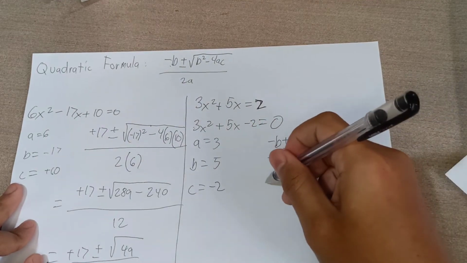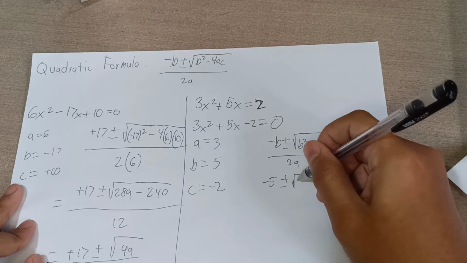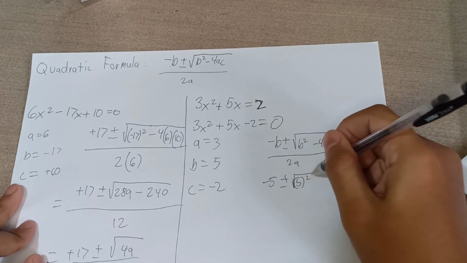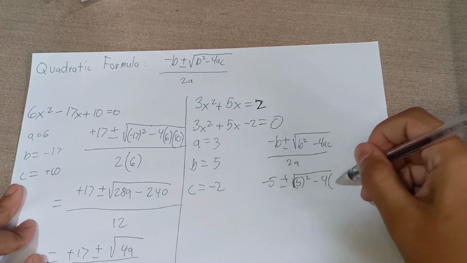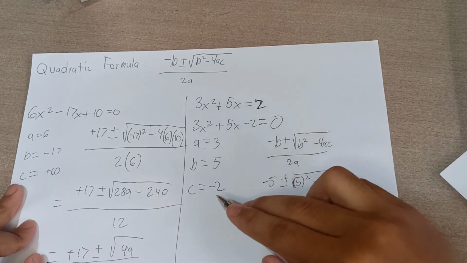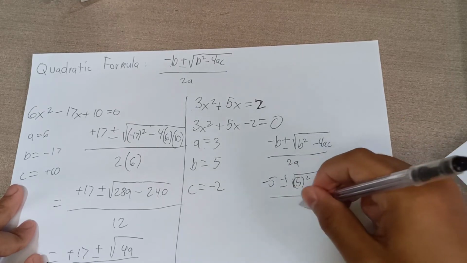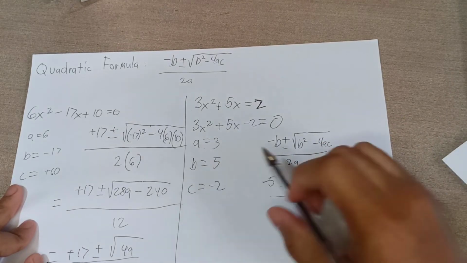Our b is 5, so it will be negative 5 plus or minus the square root of 5 squared minus 4, a is 3, then c is negative 2, all over 2a, where a is 3.